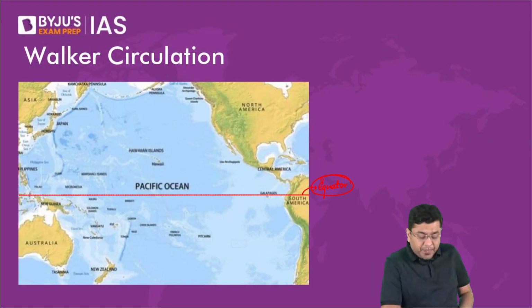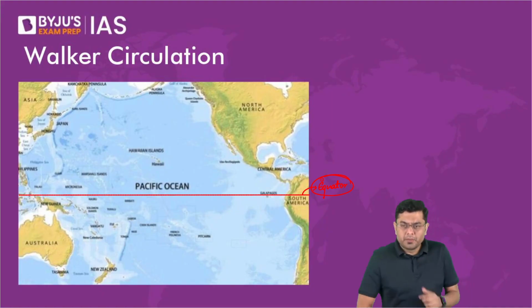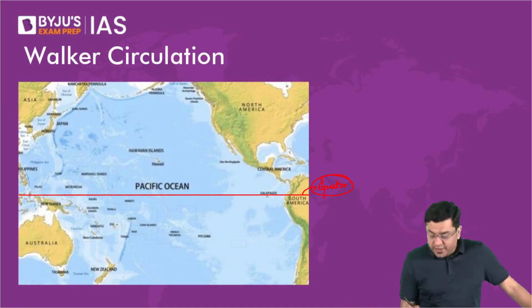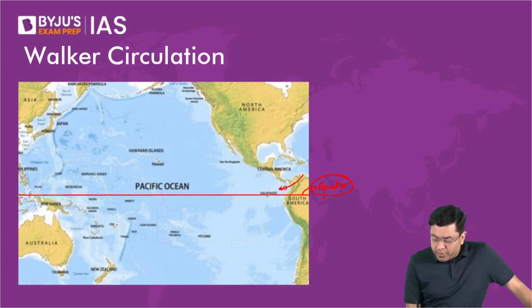So here, which kind of winds will be prevalent? Trade winds? Good. Easterlies, yes. So trade winds in general will exhibit a pattern in both the hemispheres somewhat like this.